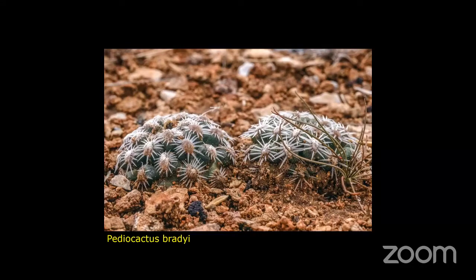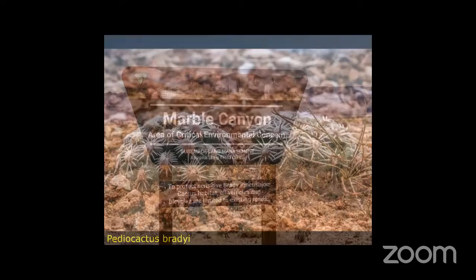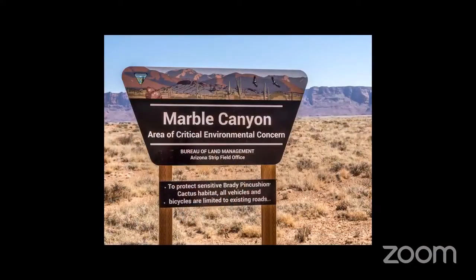The plants are typically simple. In other words, they have a single stem, although occasionally you will get plants with a few heads developing on them. Now, these plants are endangered. They are federally listed as an endangered species. And so the Bureau of Land Management has set up what's called areas of critical environmental concern around the entire habitat of these plants.